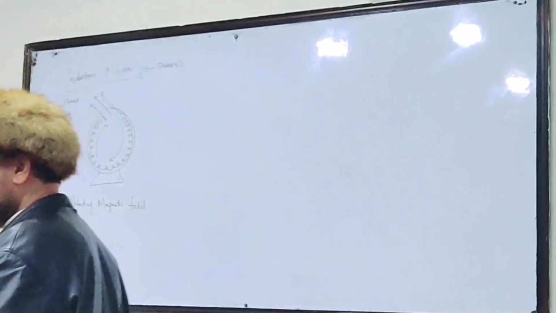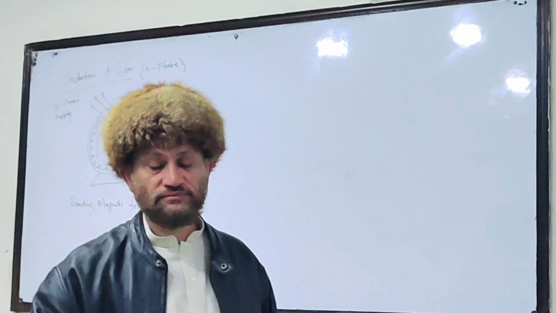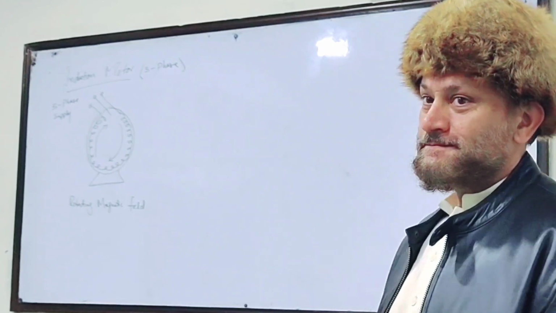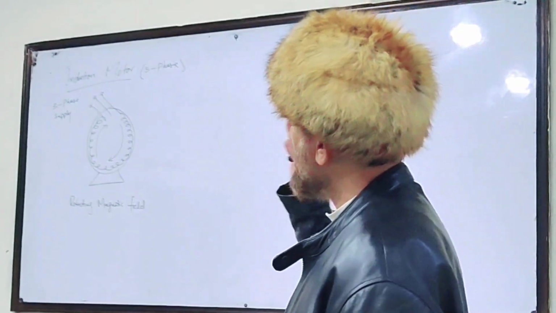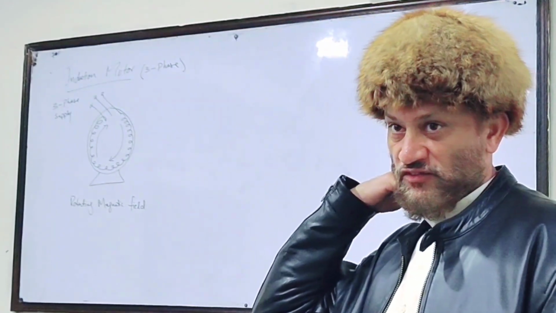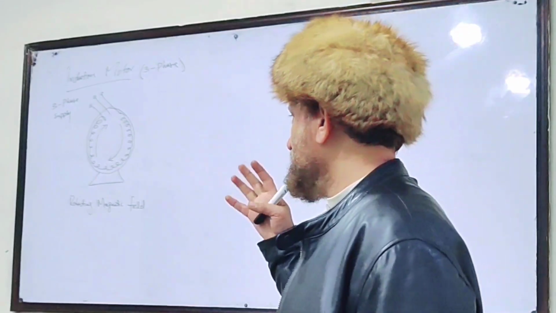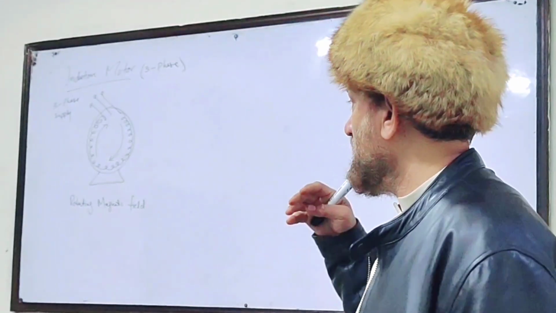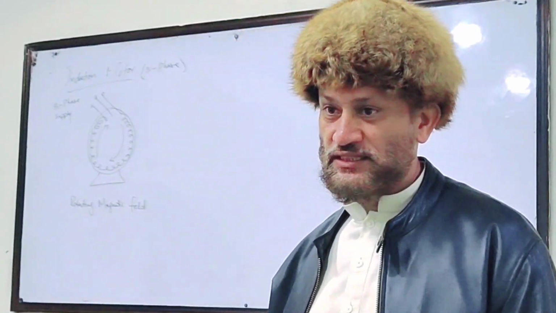But today we will study the basic principle of operation of induction motor. Are you agreeing? Yes. When we energize this stator winding by a three-phase supply, the magnetic field produced by this three-phase supply looks like a rotating magnetic field.